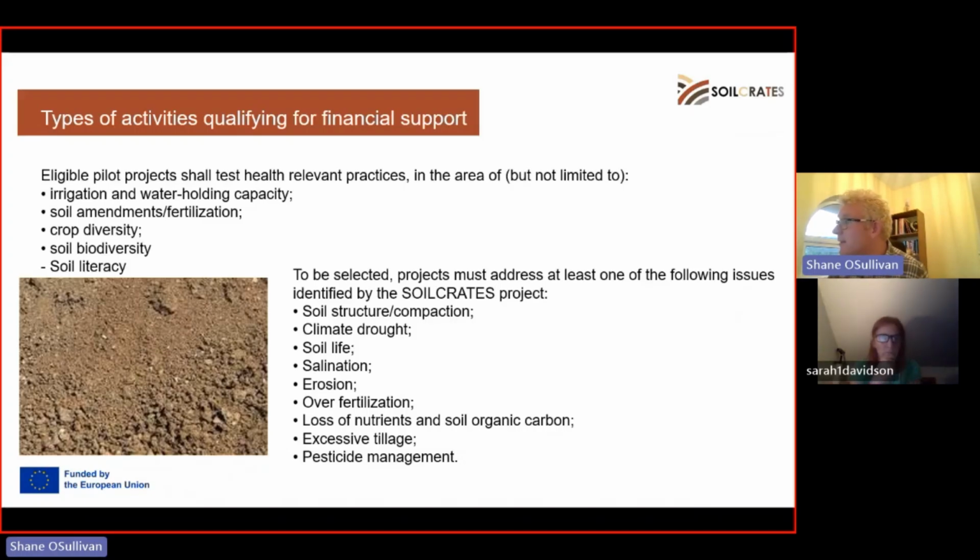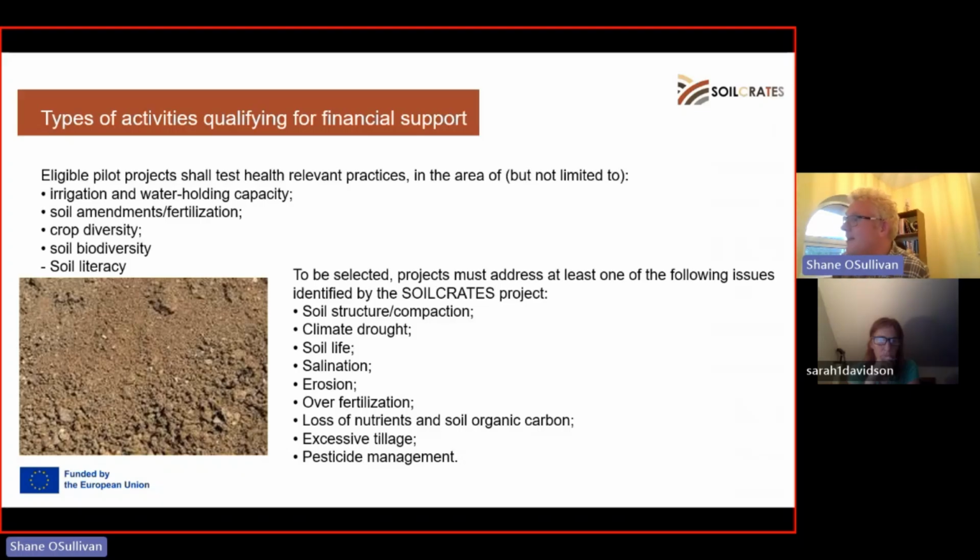And to be selected, projects must address at least one of the following issues identified by the Soilcrates project. It could be around soil structure or compaction, climate drought, which would be a much more significant feature for farms, for instance, in Spain in comparison to here in Ireland.